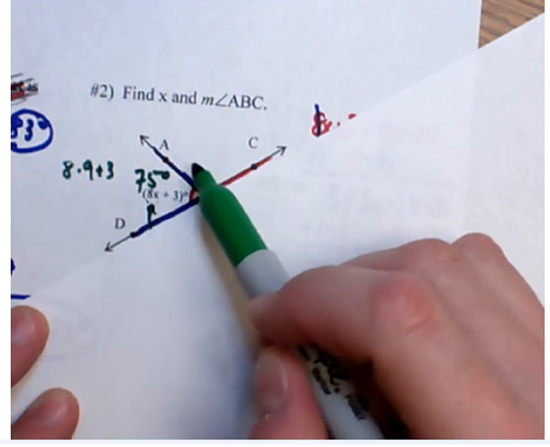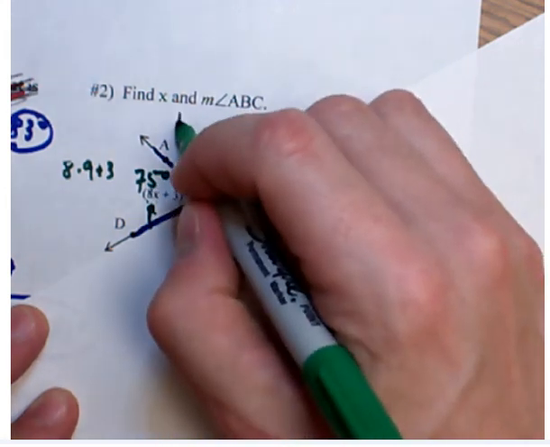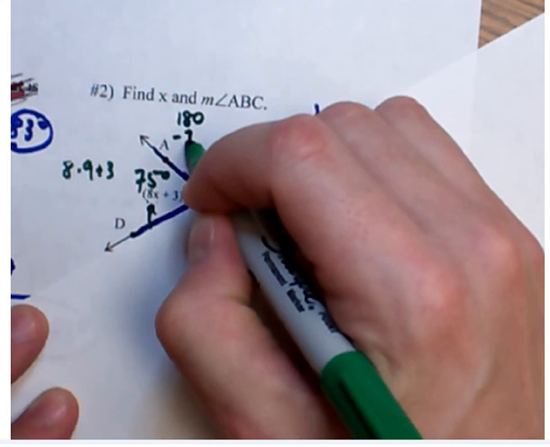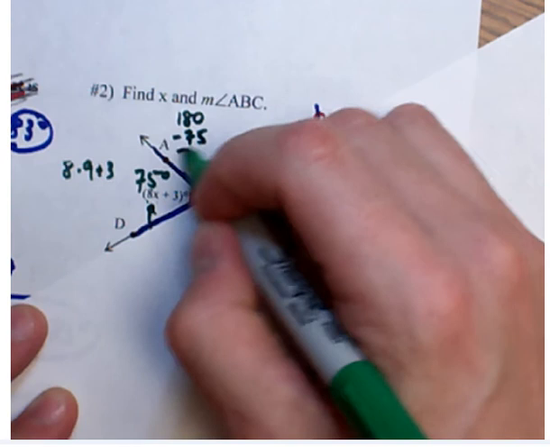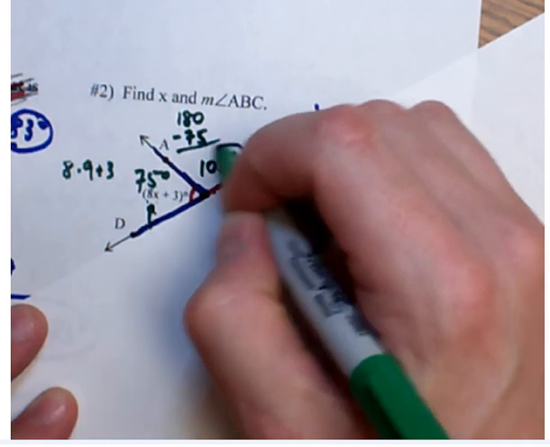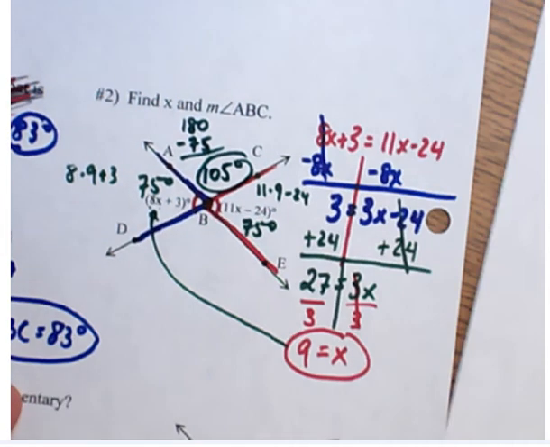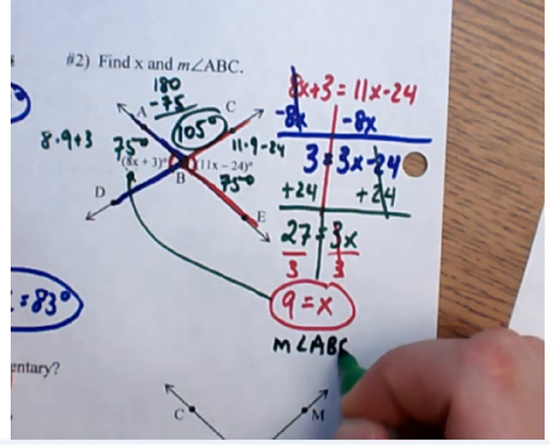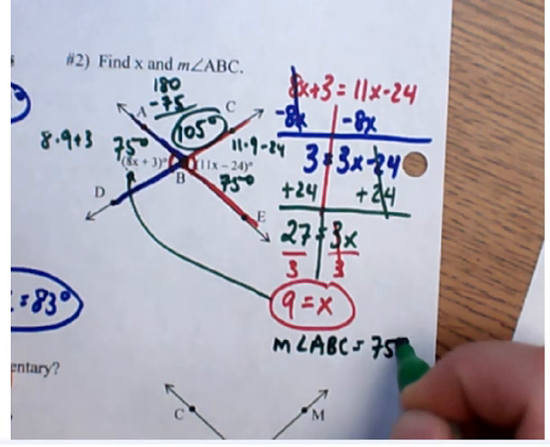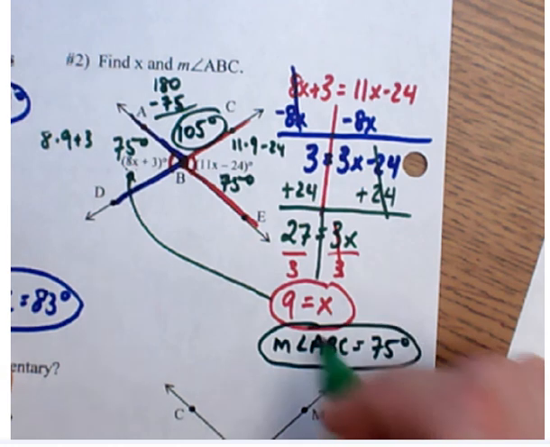I can figure this one out by taking 180 minus 75 to figure out what's left over, and that's going to give me 105 degrees. So my second answer, measure angle ABC equals 105 degrees. That's it.